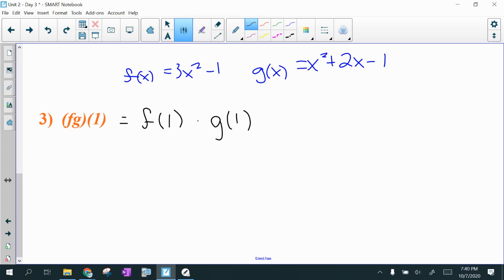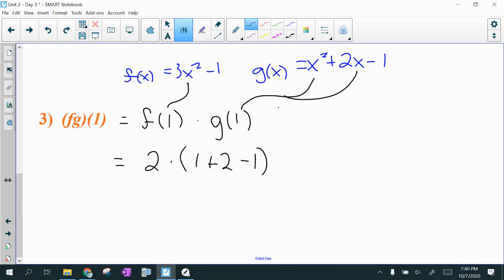And again, I could distribute, but there's not great value in that, so let's see, 1 squared is 1, 1 times 3 is 3, 3 minus 1 is 2. And then g of 1, I just sub in there, so I'm looking at 2 times 1 plus 2 minus 1, or 2 times 2, which is going to get me 4. Okay, so far so good.